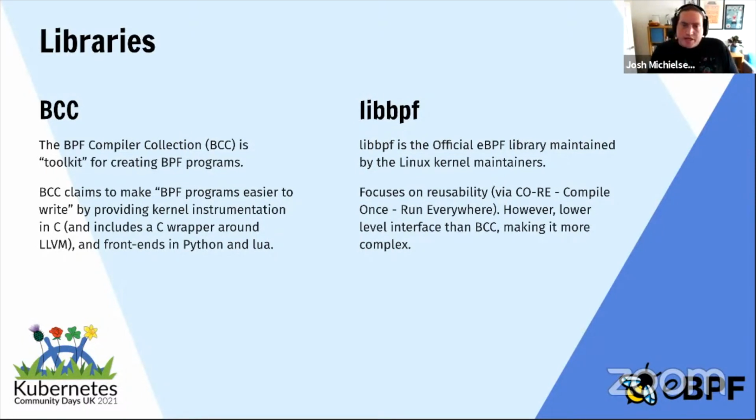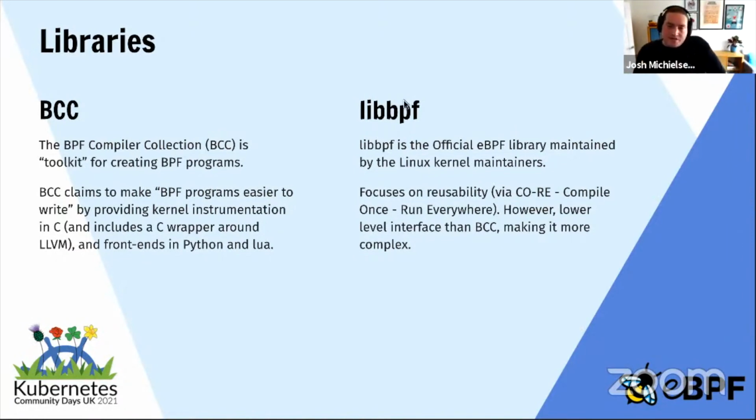The second one is libbpf, which is actually the official eBPF library maintained by the Linux kernel maintainers. So this is a more recent project. It's a little bit less mature, but provides some more low-level functionality. The interface is quite complex and can be confusing at times.